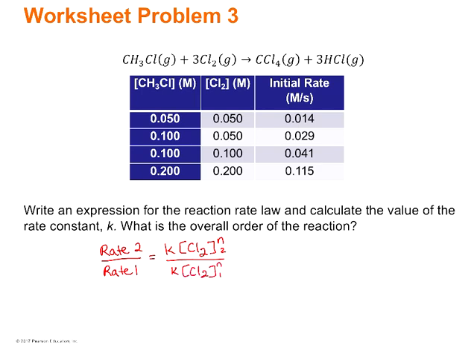All right, I'm just going to pick these two sets of data here because we saw a change in the concentration for chlorine, and we didn't see a change in the concentration of our first reactant.